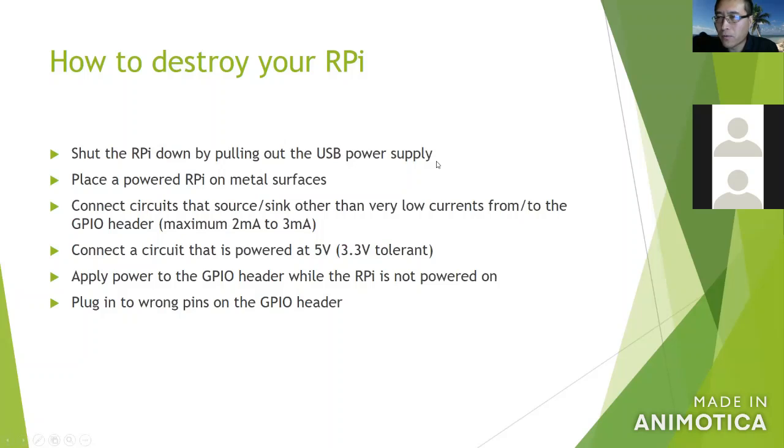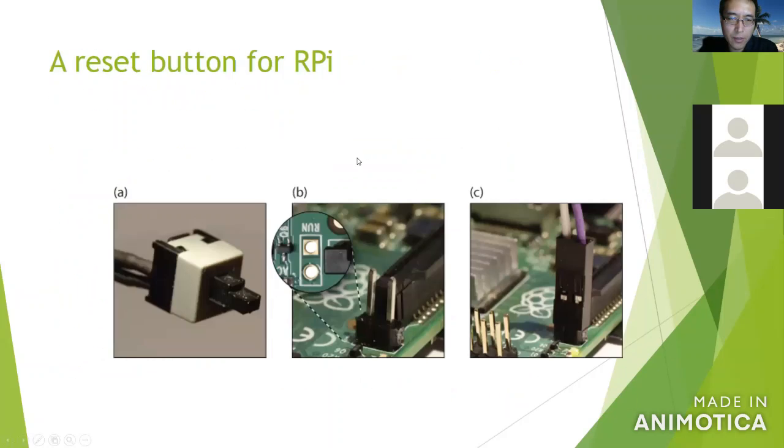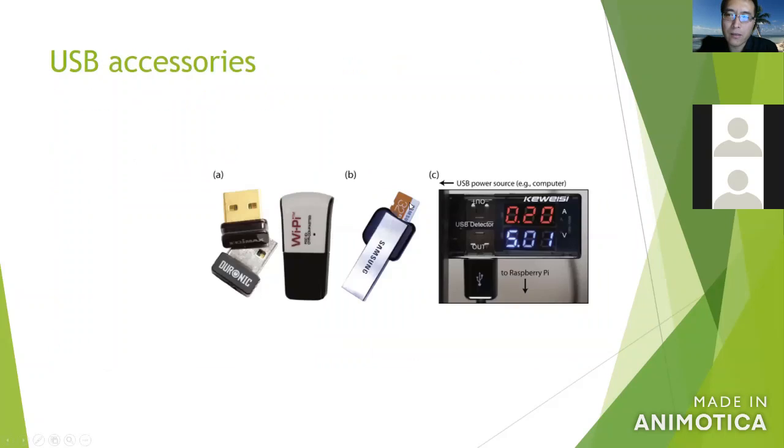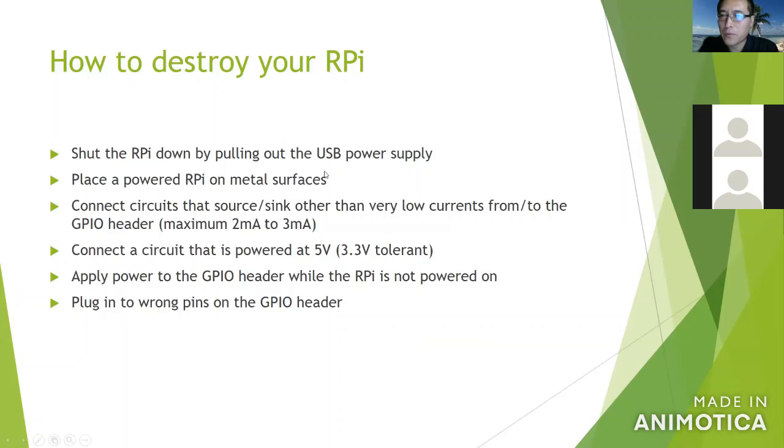That's what I said before, right? In the previous example, they say that we can make a reset button. But for us, we don't have this reset button. Sometimes we do have to unplug the power supply, but generally you want to avoid this.